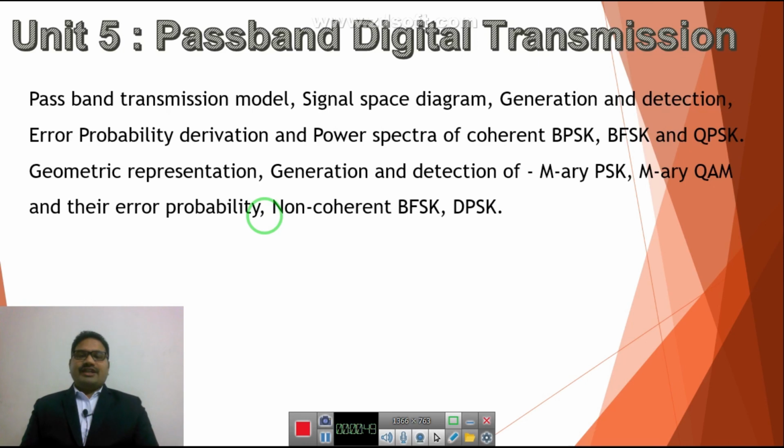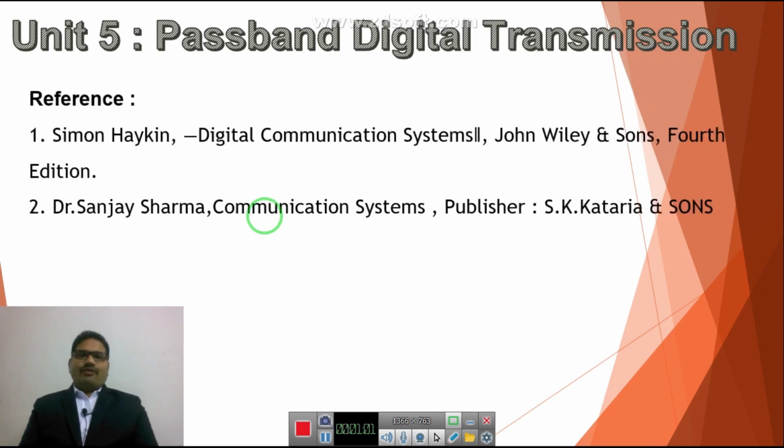We are going to study the non-coherent versions of it, then M-ary PSK, QAM. These are the contents that we are going to study in this unit. The references for this unit are Simon Haykin, Digital Communication Systems, and second, Dr. Sanjay Sharma, Communication Systems.